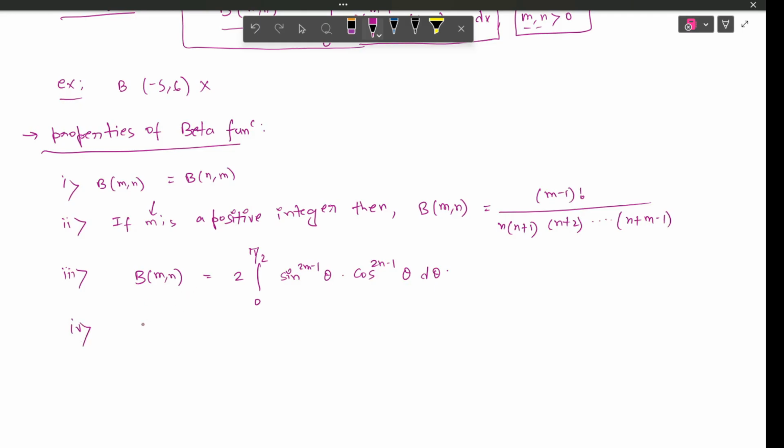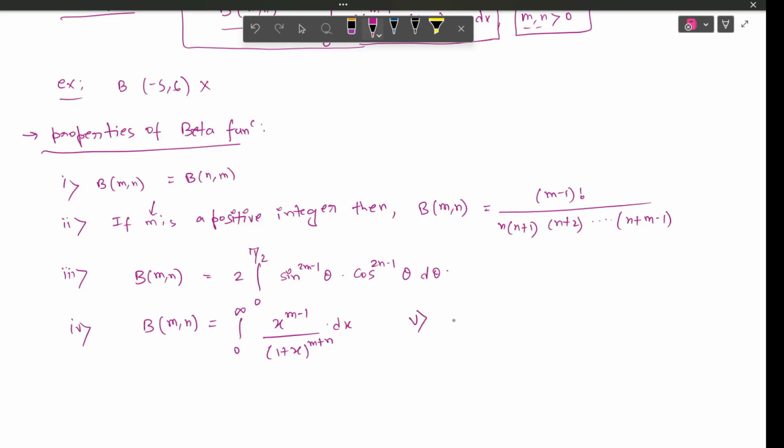Now, number 4 property is beta of m comma n is integration 0 to infinity of x to the power m minus 1 by 1 plus x to the power m plus n into dx.